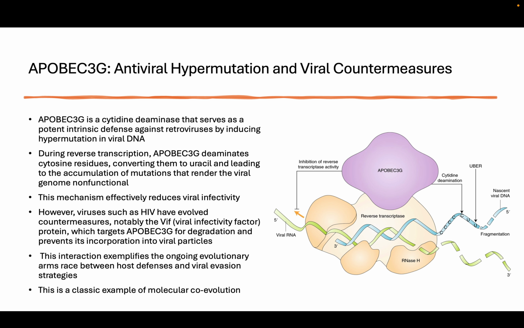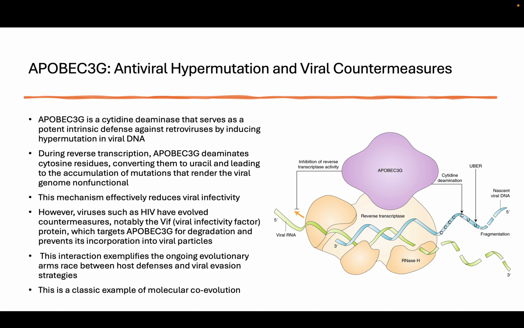Another very important protein that gets produced within our cells is this APOBEC3G enzyme. This is a cytidine deaminase enzyme, and it works extremely well against retroviruses, viruses that use reverse transcriptase, because it binds to reverse transcriptase and introduces uracil.